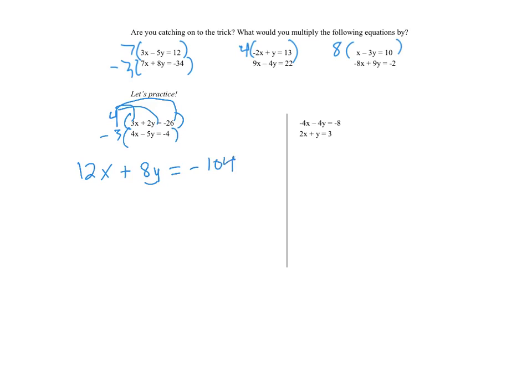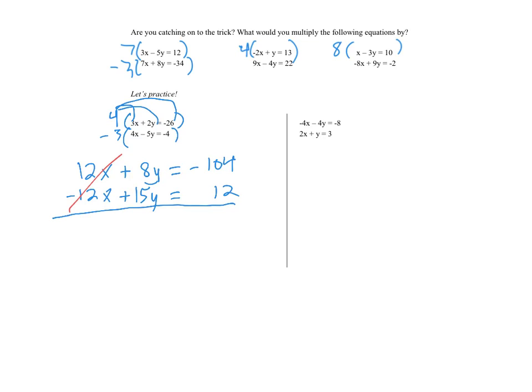And then I'm going to multiply the bottom one by negative 3. So that would be negative 3 times 4 is a negative 12x. Negative 3 times negative 5 is a positive 15y. And negative 3 times negative 4 is a positive 12. We're then going to combine these together. 12x plus negative 12x cancel out.